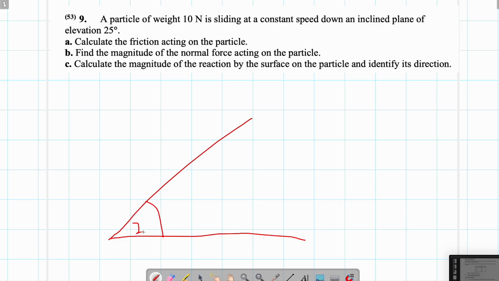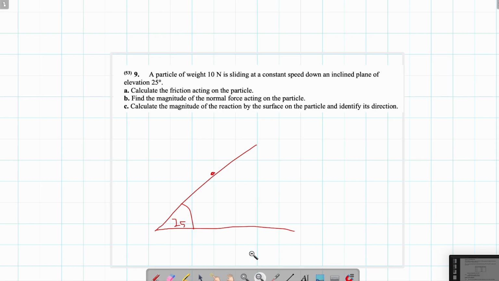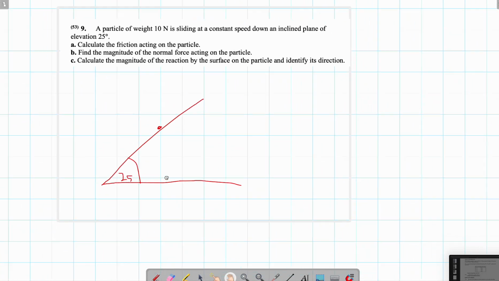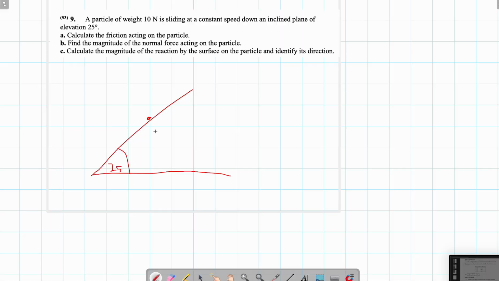Here we have 25, and here we have our particle. Let me make it smaller. Vertically downwards, we have our weight 10. I'm going to make the y and x axes across the plane, so we can make life easier. Normal is perpendicular to the plane like this.